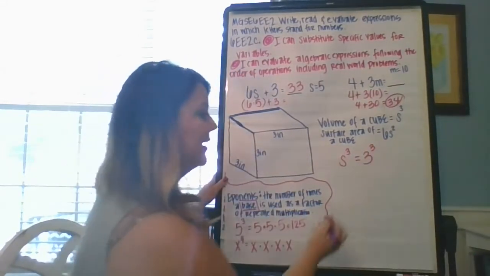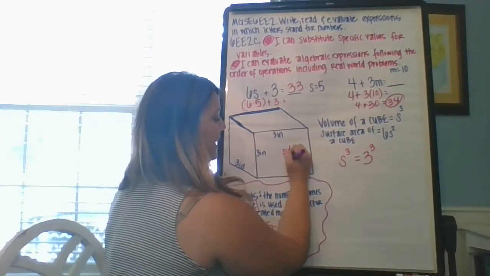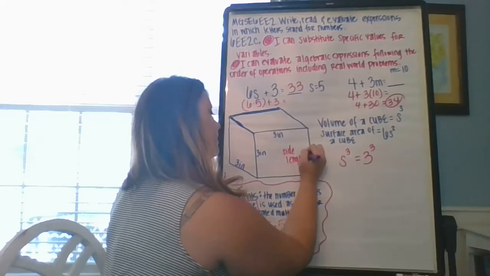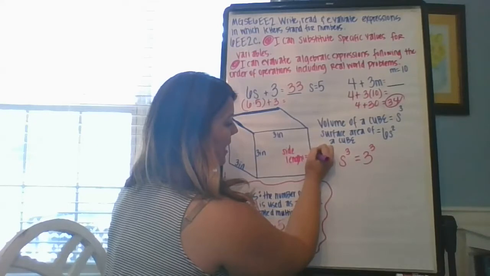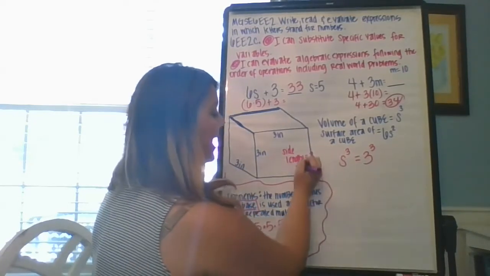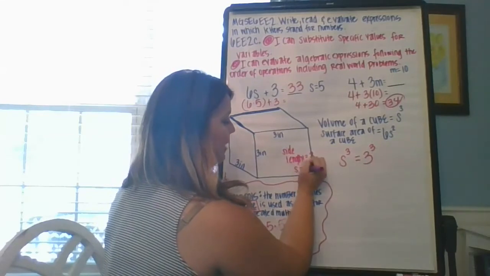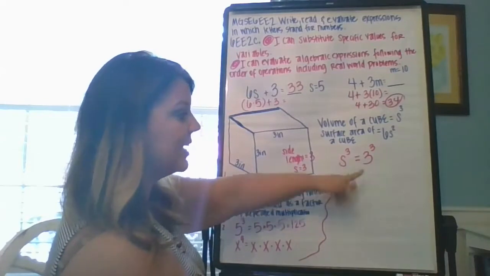Okay, so I'm plugging in, and let me write that down. Side length is 3. So s is equal to 3. All right, so we just plug in a 3 for s, and then we solve.